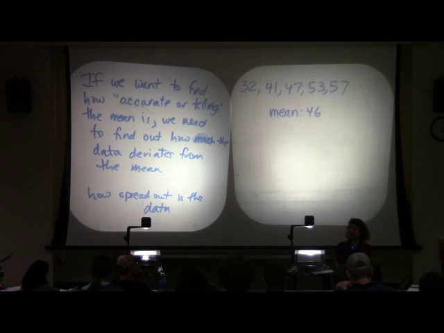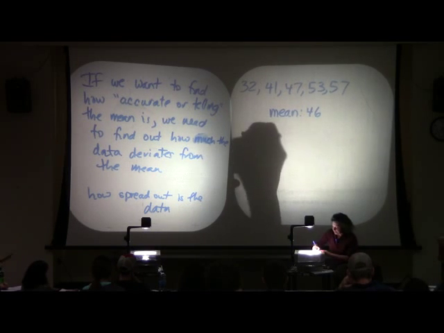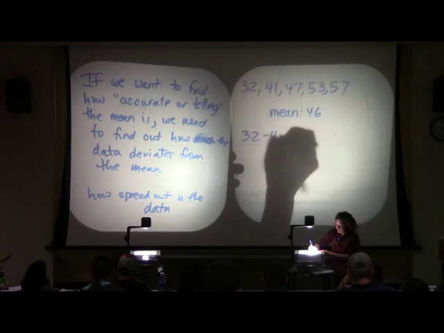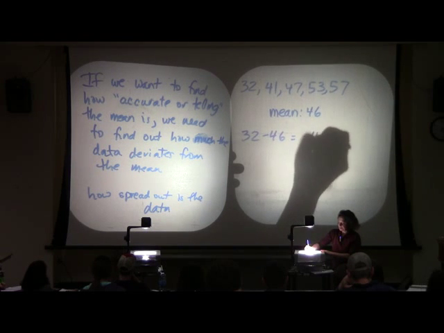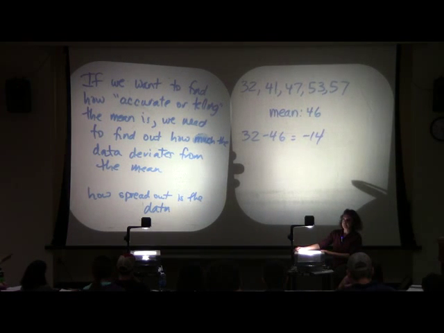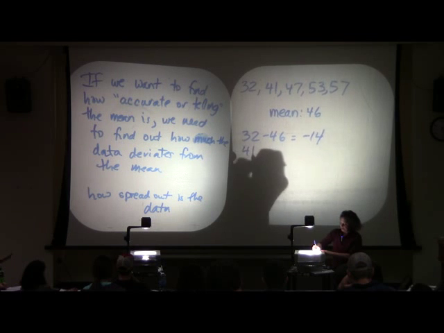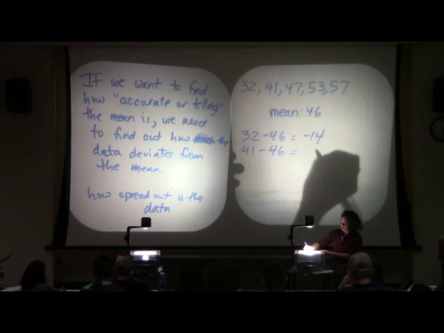Okay? So, to figure out how much it deviates from our mean, we take each of our data points and subtract off the mean and look at that difference. So we could take 32 minus 46. Would you guys grant me that's negative 14? Then we could take our next data point, subtract off our mean.